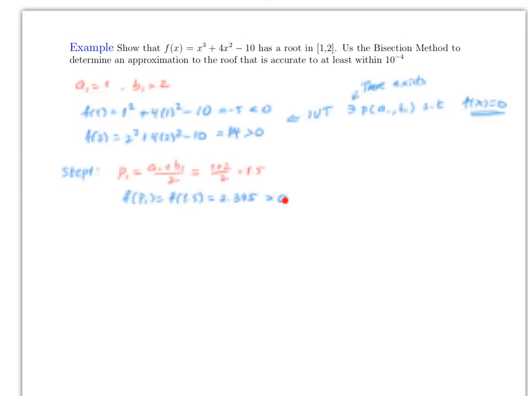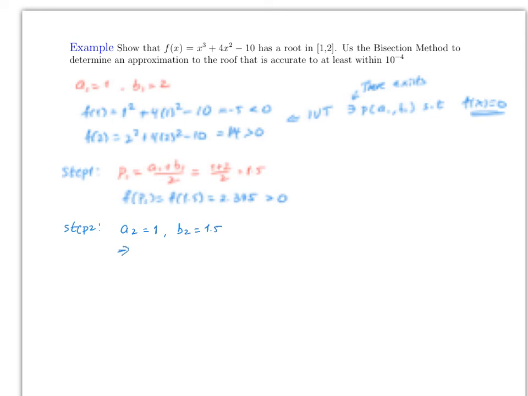So therefore, this one and this one have the same sign. So now this means that for step 2, A2 is going to stay A1 because that one is negative, but the new B2 is going to be 1.5.